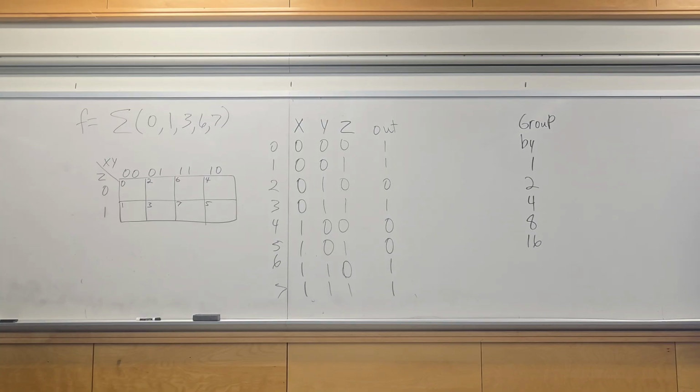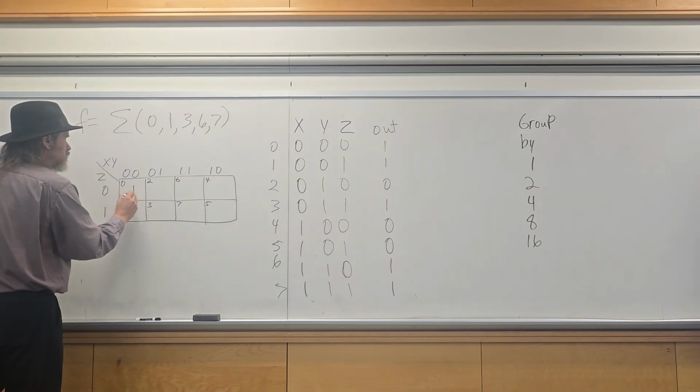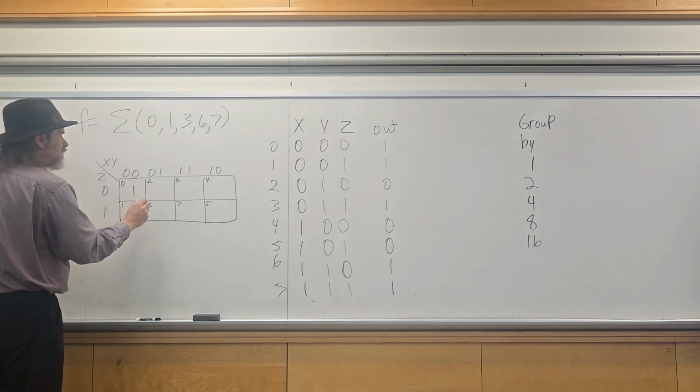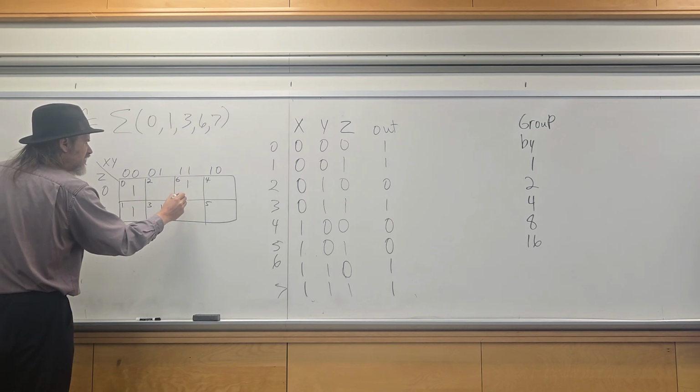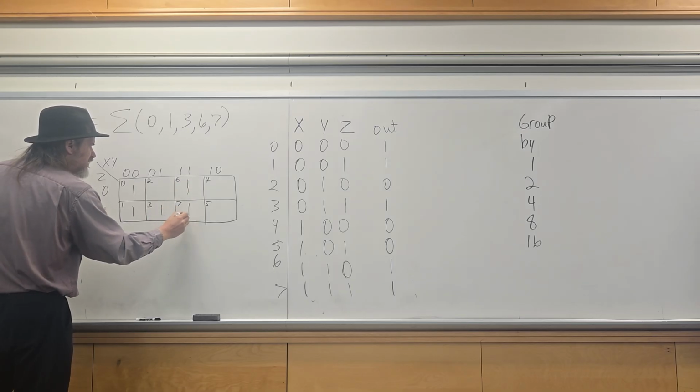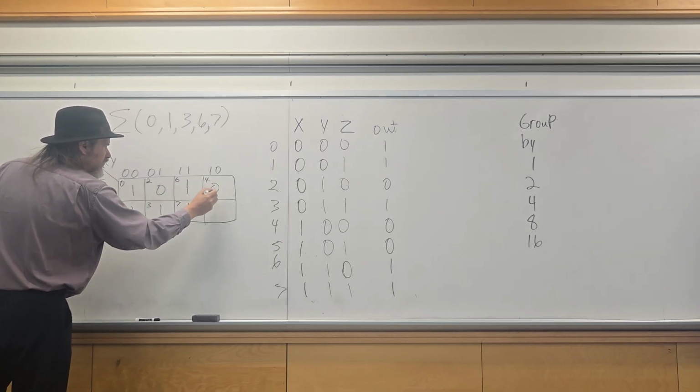And you just drop your ones in the appropriate spots. So 0, 1, 3, 6, and 7. And then fill in the rest with zeros.